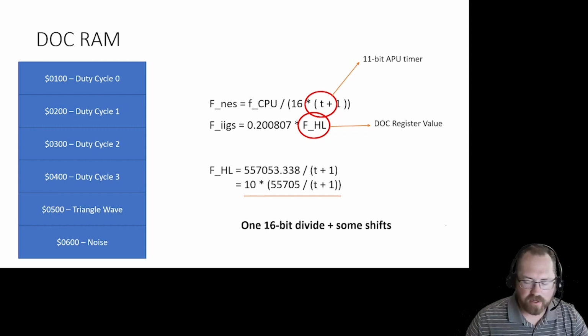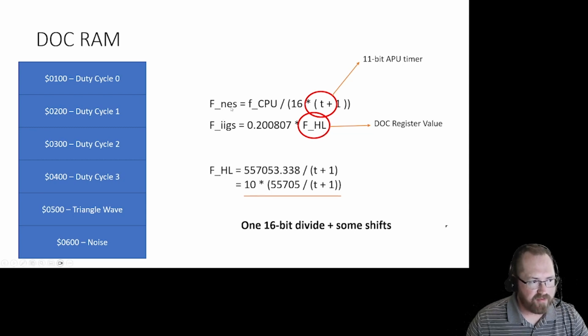There are formulas online for what the frequency is given one of those timer values. And from the 2GS hardware reference, for our configuration with 32 oscillators enabled, which is usually the standard config, the frequency of the 2GS output is a constant times the value that you put into the DOC frequency registers.